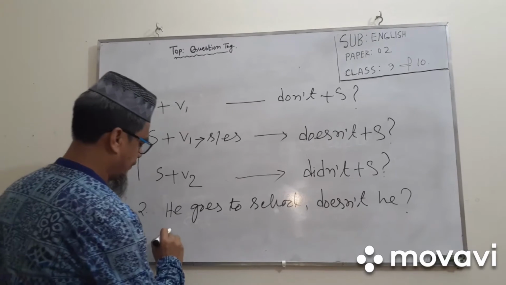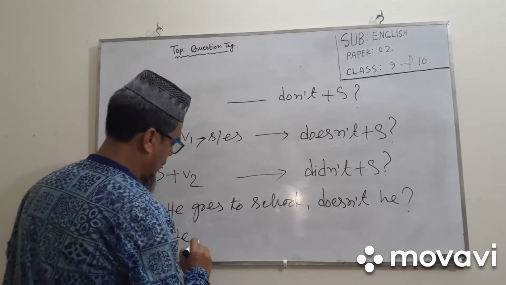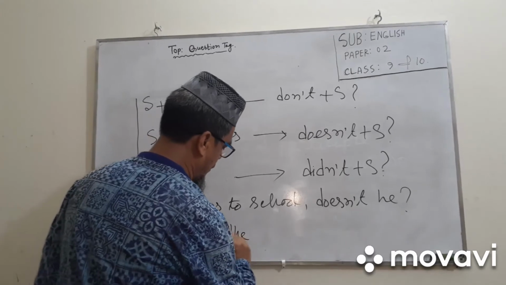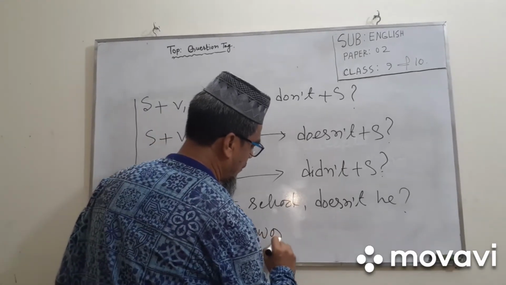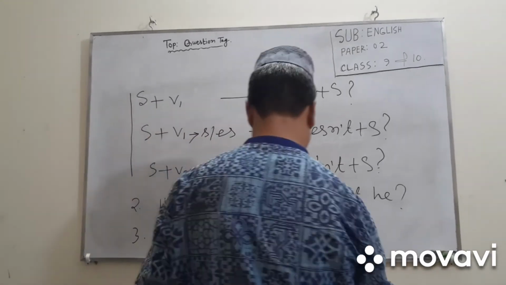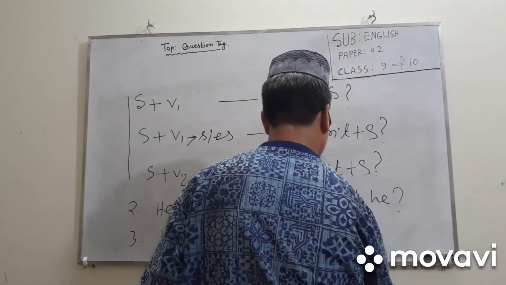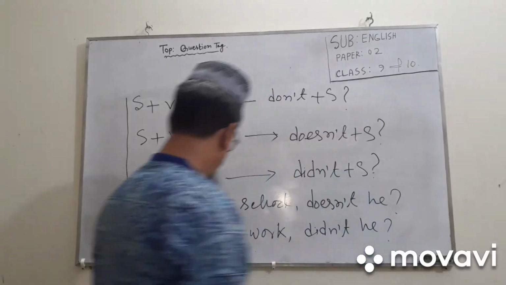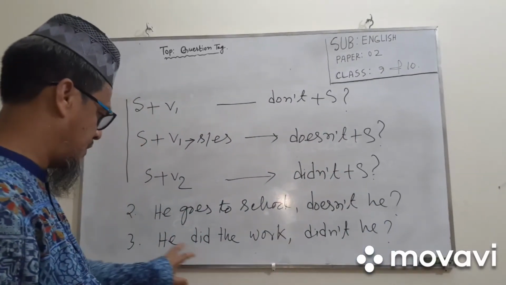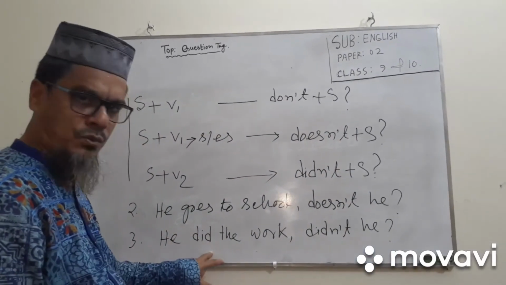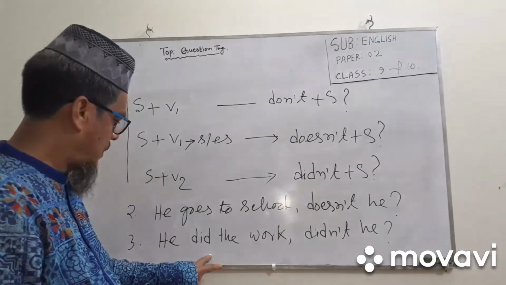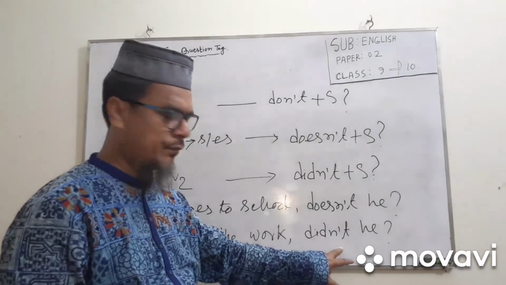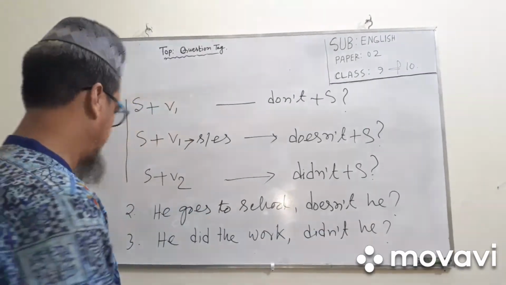If V2, that means after the subject there is V2, the second form of verb, you have to use didn't plus subject.